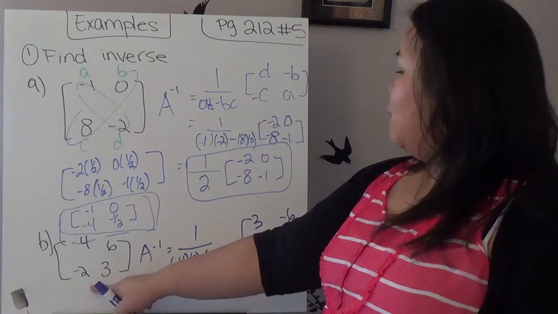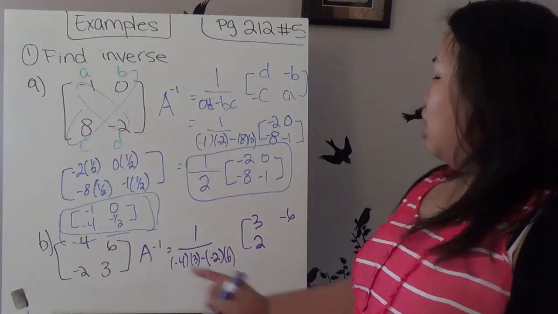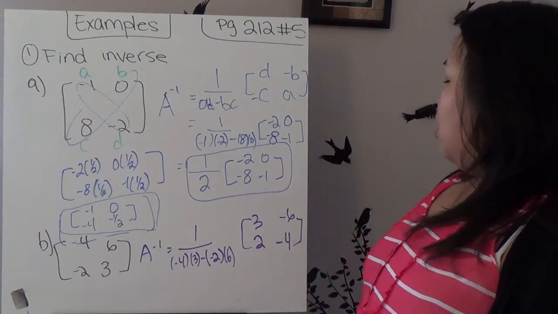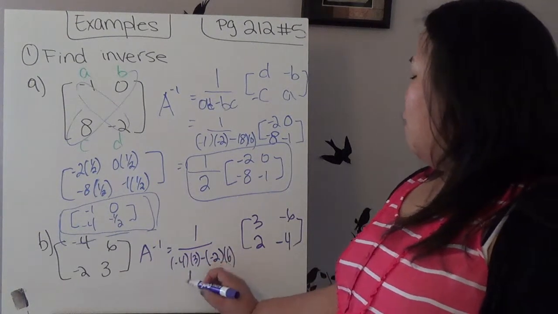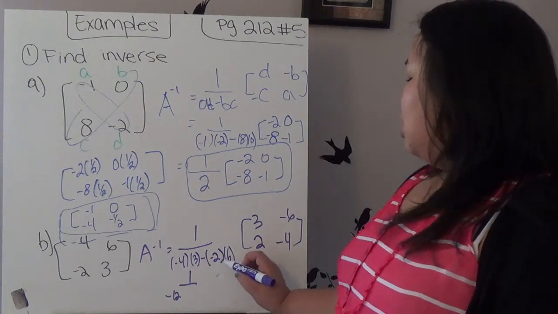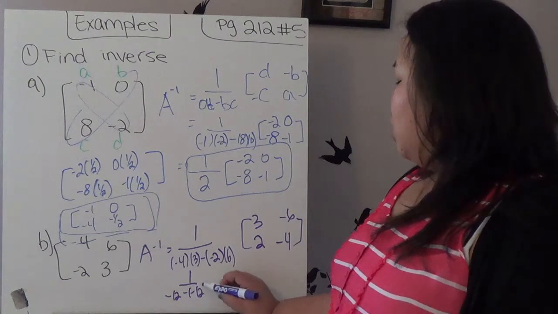This is already a negative 2. So because C is negative, we're going to make it a positive 2. And then this would be negative 4. Okay? So 1 over negative 4 times 3 is negative 12. Negative 2 times 6 is negative 12. So minus a negative 12, which then would give me 0.